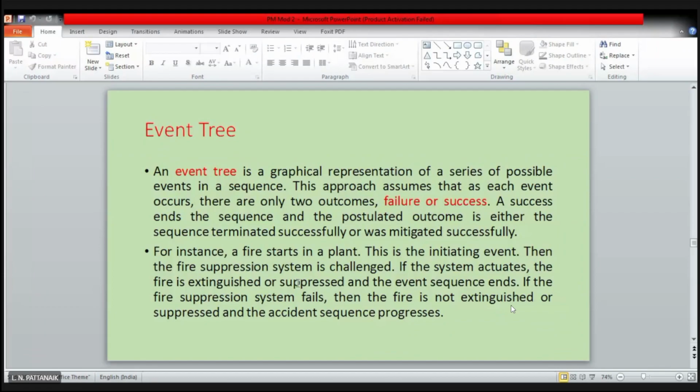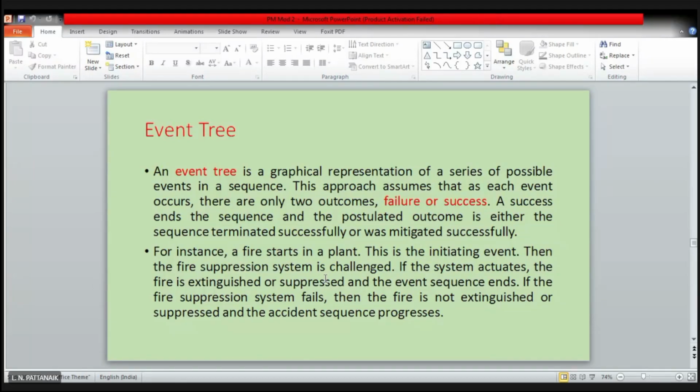Let us see how the event tree works. An event tree is a graphical representation of a series of possible events in a sequence. This approach assumes that as each event occurs, there are only two outcomes, failure or success.